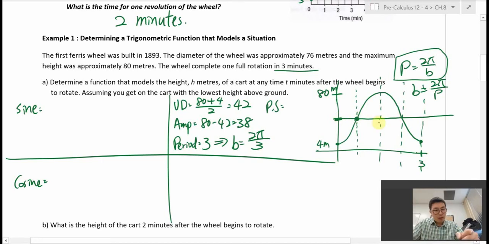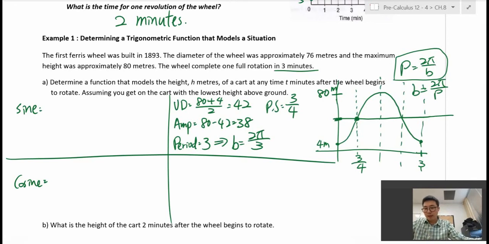So from 0 to 3, it's going to break into 4 pieces. That means this is going to be 3/4 of a minute. So the phase shift is 3 over 4, because the whole thing is 3, but we are breaking it into 4 parts. So 3 divided by 4 is 1 piece. That's all we have, and that's all we need.